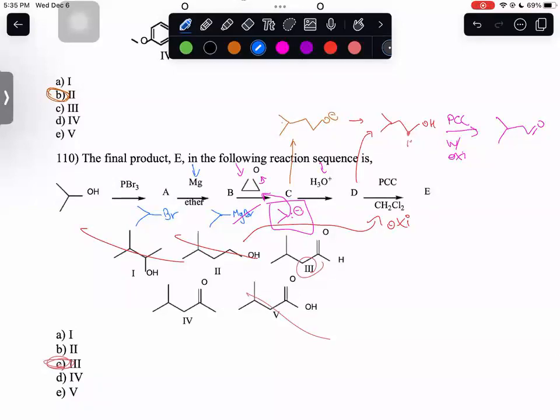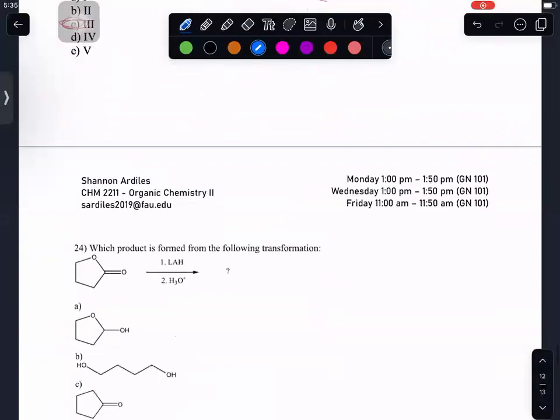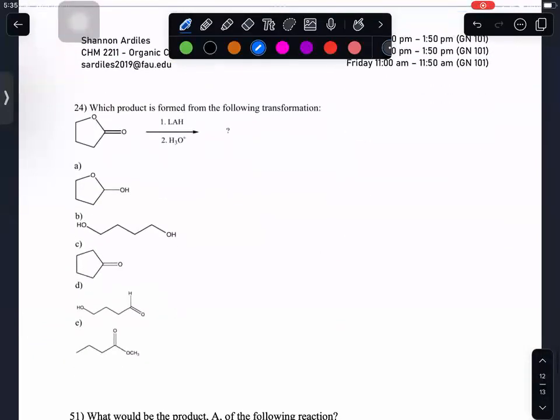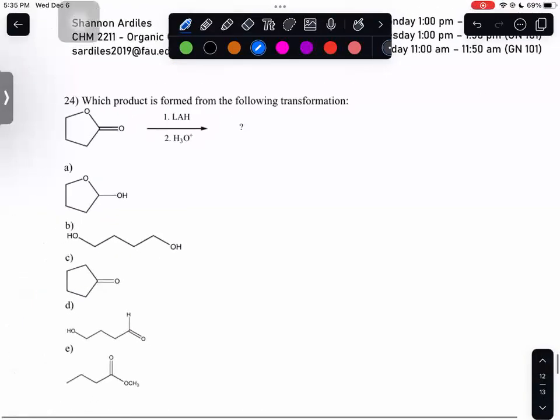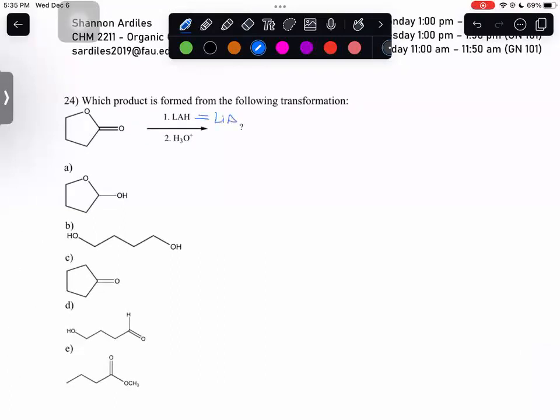So far, questions, we're good? Okay. Okay. It's supposed to be the lithium reagent.